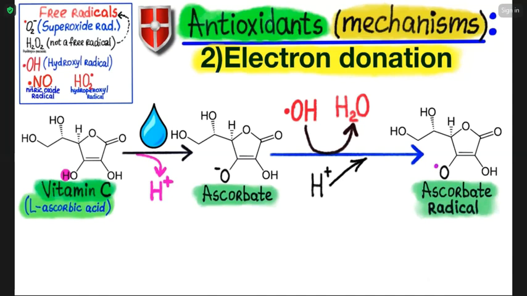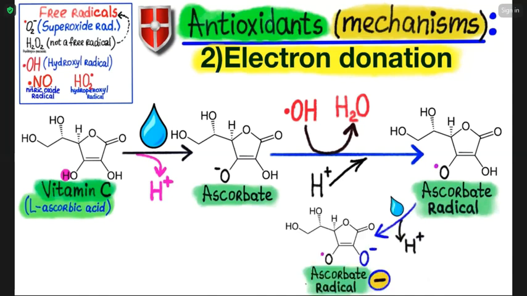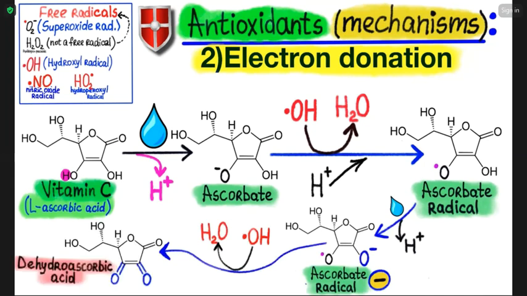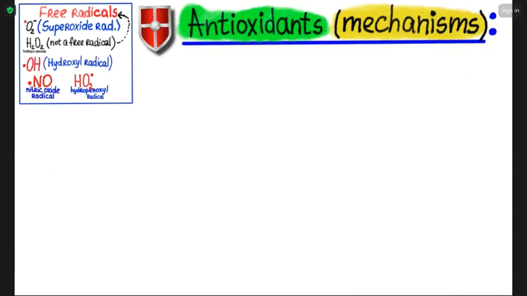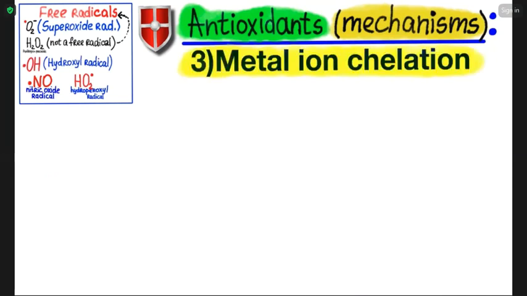The ascorbate radical can dissociate again in water, releasing a proton, making this new molecule a negatively charged ascorbate radical. This new radical can donate an electron to a free radical again, becoming dehydroascorbic acid, which is not a free radical anymore.